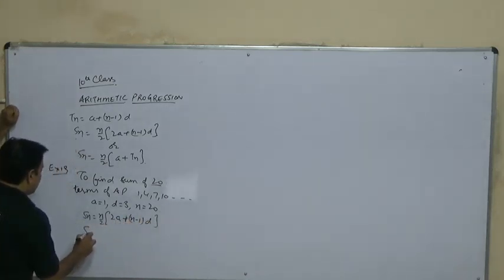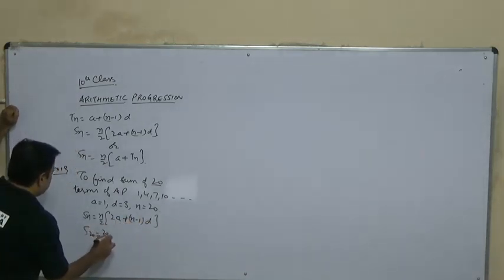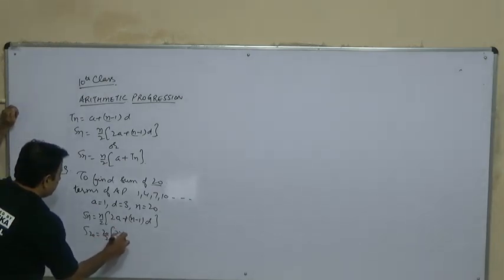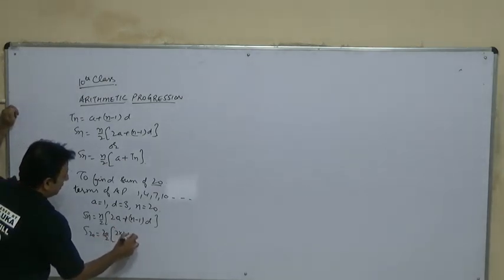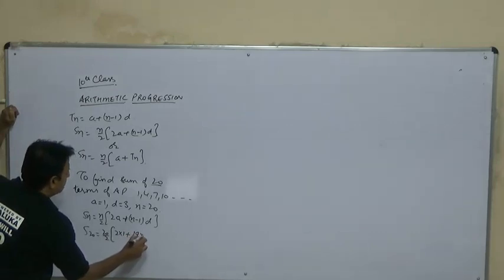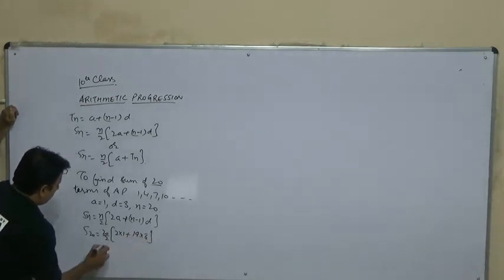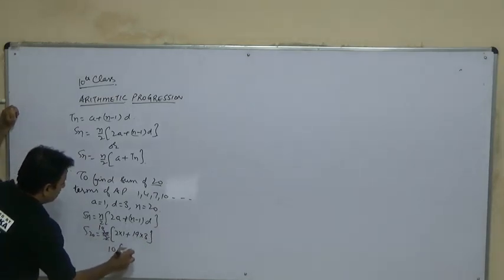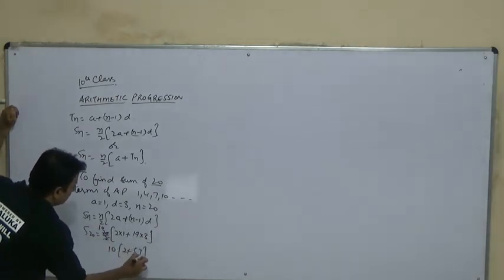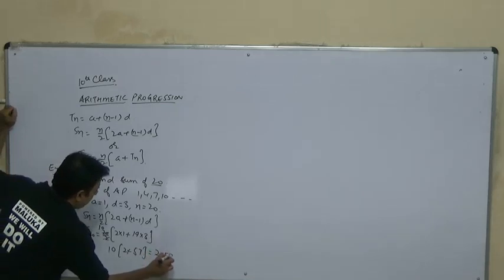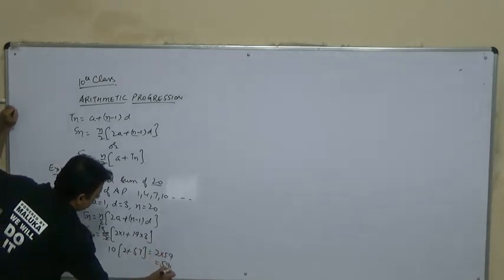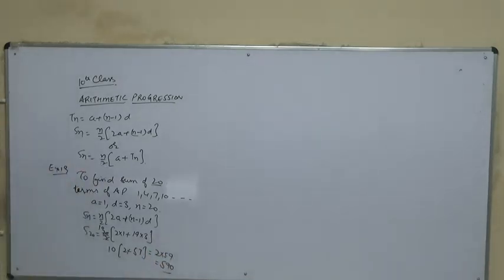So S20 is 20 by 2, 2 into 1 plus 19 into 3. This cancels with 10, so 10 into 2 plus 57, which is 10 into 59, which is 590. So the sum of terms will be 590.